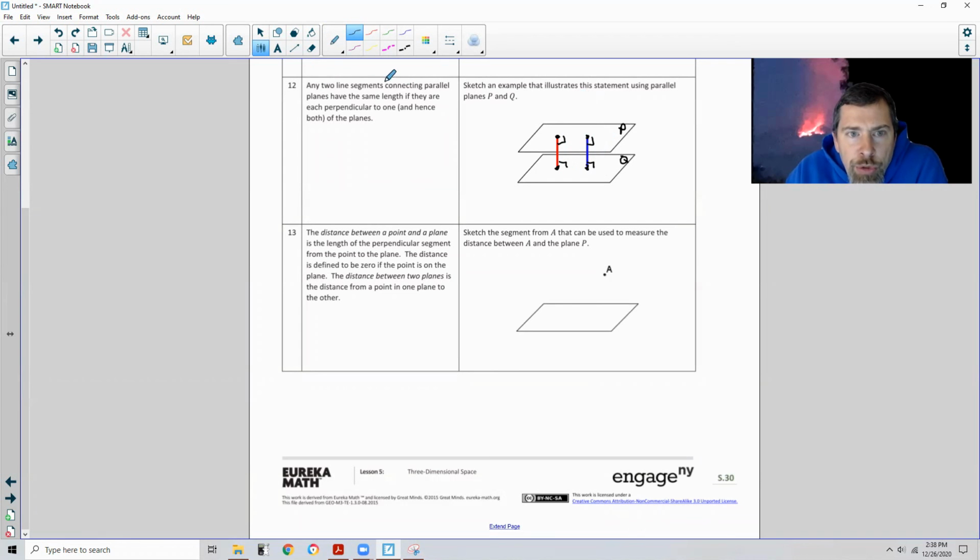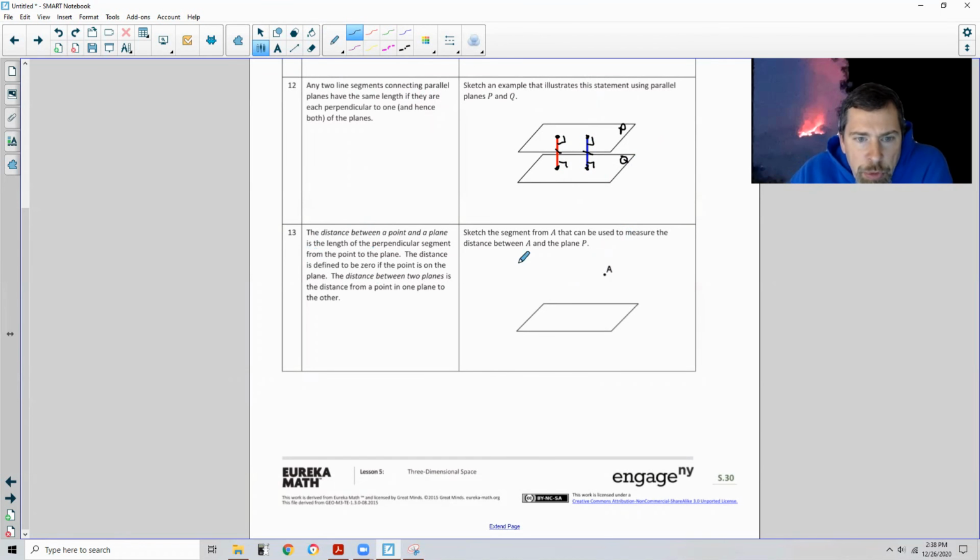So this says any two line segments connecting parallel planes have the same length if they are each perpendicular to one and hence both of the planes. So what they're saying is if P and Q are parallel and they're connected by two segments, and the segments are perpendicular to both, then the segments have to be the same length. So this is congruent to that.